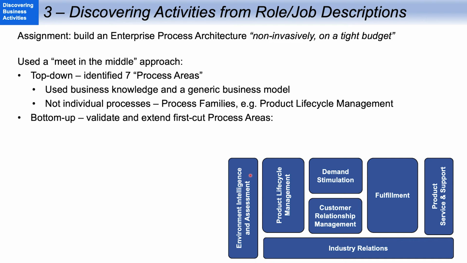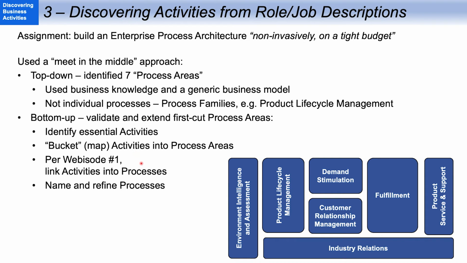Then the other part of meet in the middle is bottom up. So we wanted to extend and validate these first cut process areas following the approaches we've looked at before. Identify essential activities, bucket them into the process areas, use the techniques we've learned earlier to link those into processes, and then name and refine those processes.